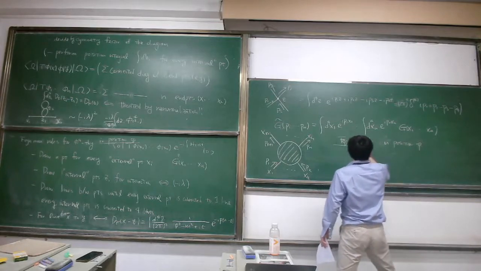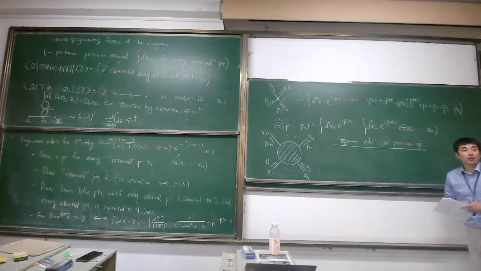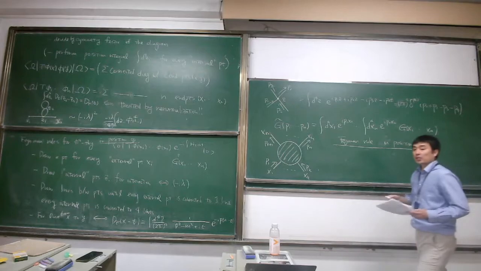So the Feynman rule for position space is as follows.